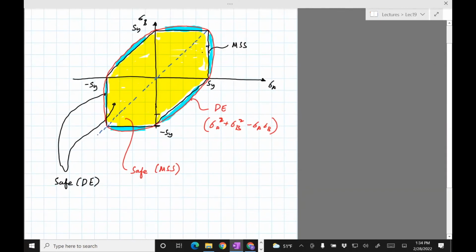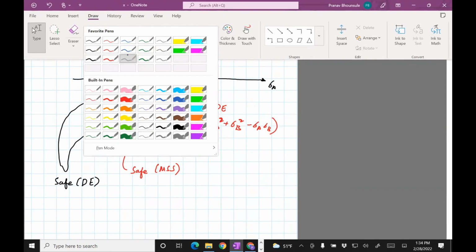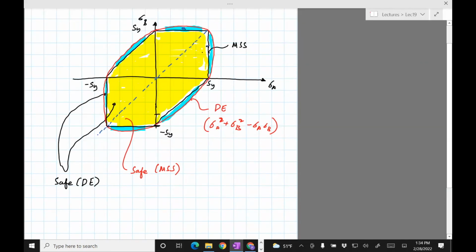Okay, so looking at this figure, what we see is that the part in yellow is also enclosed by the part in blue, which means that the maximum shear stress theory is more conservative than the distortion energy theory. For example, if you look at this point, the stress there, the part shown in dark blue, is unsafe for the MSS, but safe for distortion energy theory.